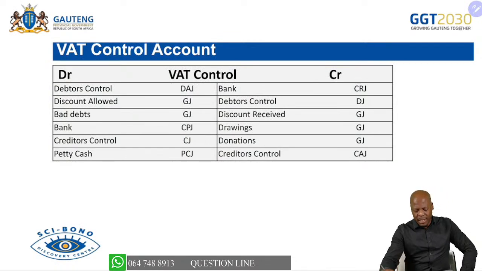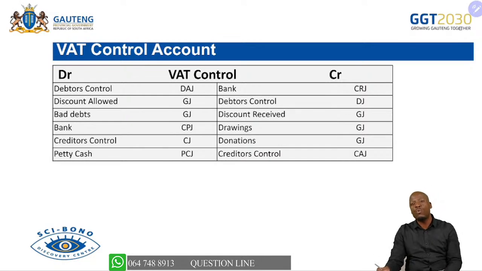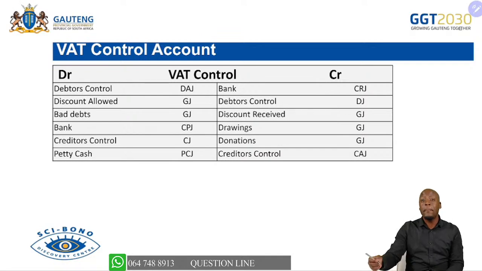It is important, dear learners, that you understand how to do a VAT control account, because most of the questions that come in the exam would want you to explain whether VAT is payable or receivable. Now, the easiest way is for you to open a VAT control account.